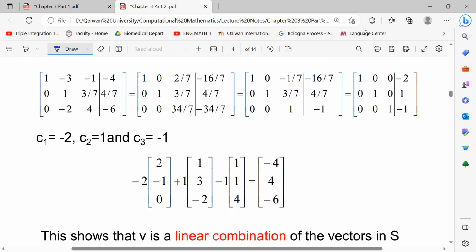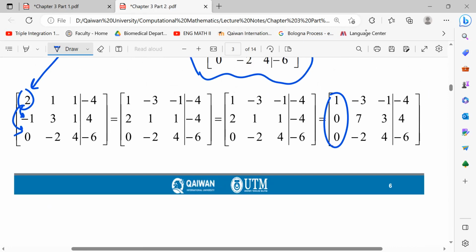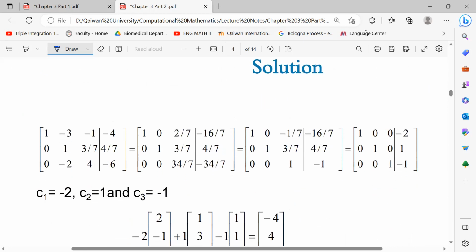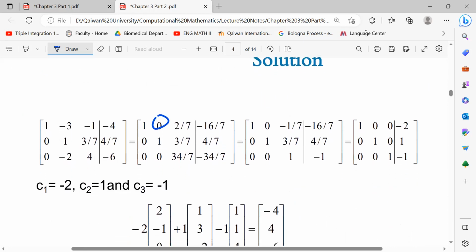Then from this element, first we change it to 1, and we try to change these to 0. Or if you use Gauss elimination, just change this to 0. Look, we changed both to 0. Then we change this to 1, and we try to change these two to 0. If you get a matrix like this, and you don't get a zero row, it means V is a linear combination of the members in S.